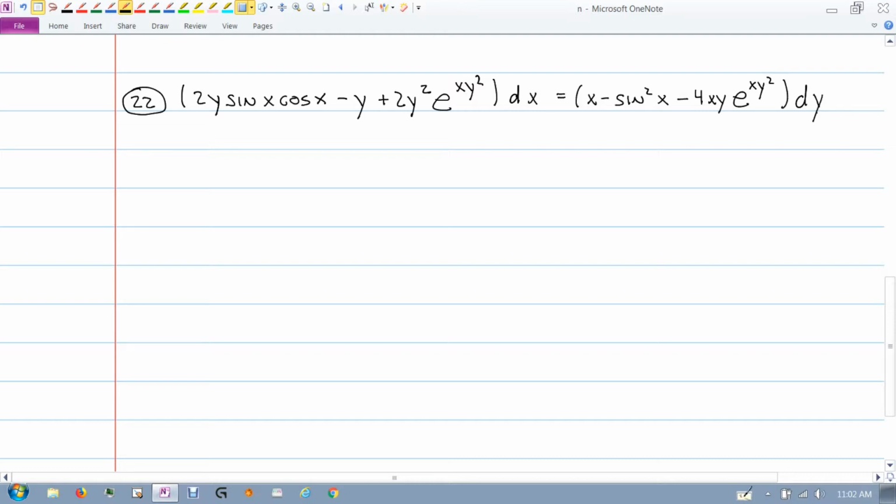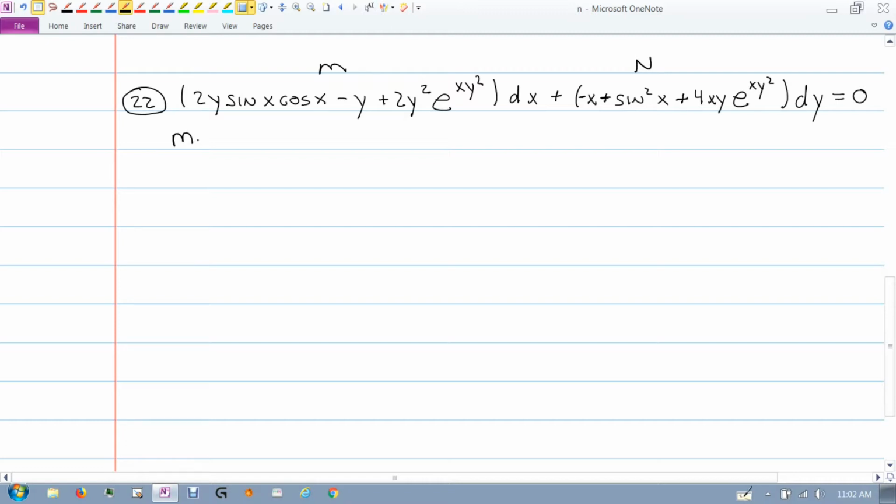So we will move this over to the other side, so that will make it negative, and then this will be equal 0. And then I need this to be a plus, so I make that plus, I make that negative, I make that plus, I make that plus. And now I have M here and N here.